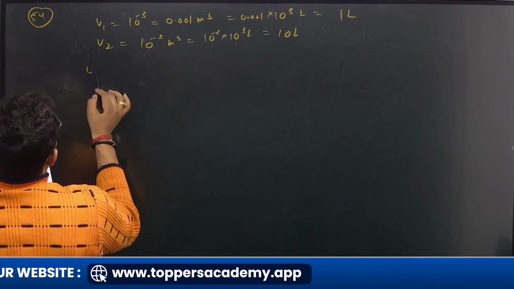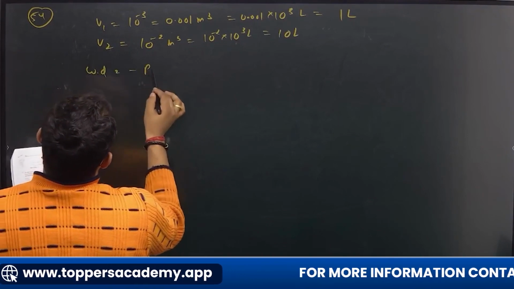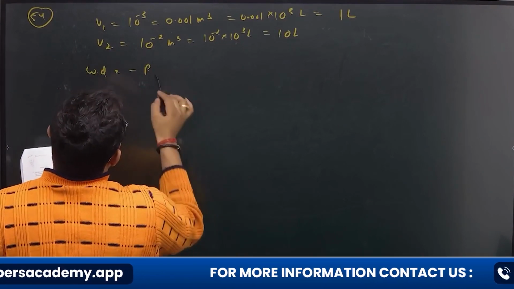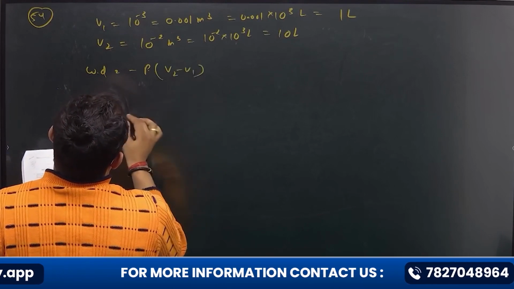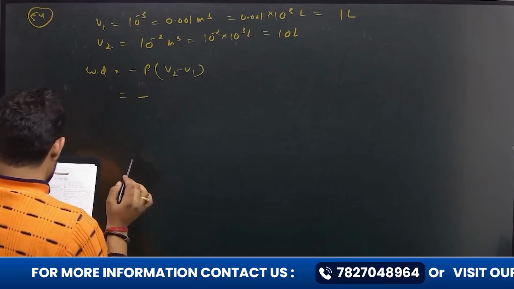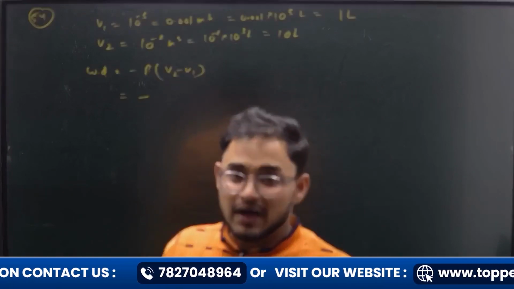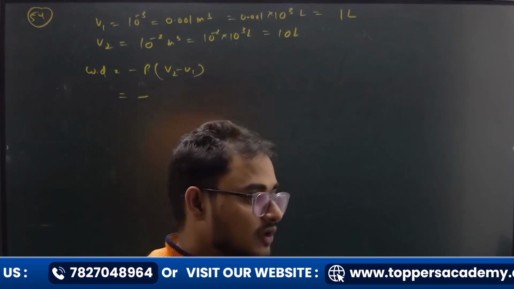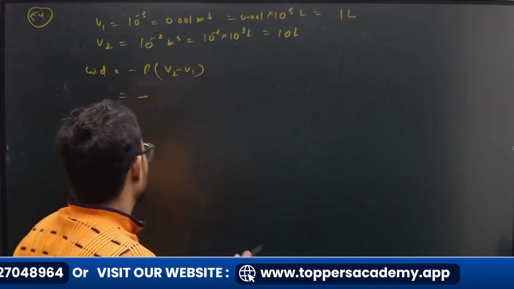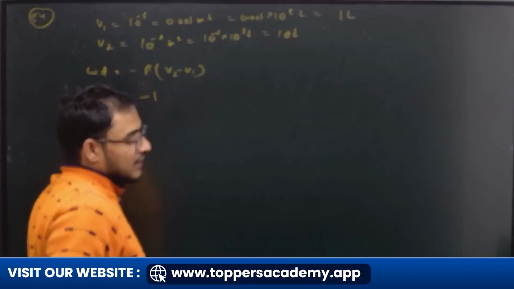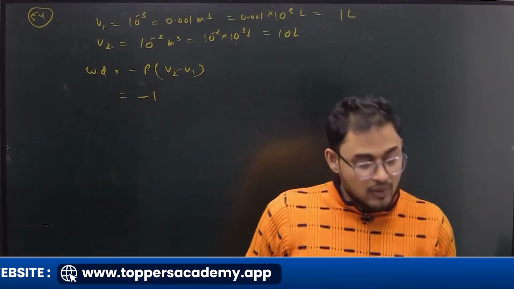So the work done is minus P delta V, or I can say minus P into (V2 minus V1). P is 10 to the power 5 Newton per meter square, and 1 bar is equal to 10 to the power 5 Newton per meter square.